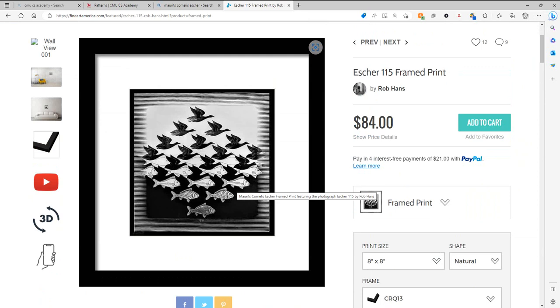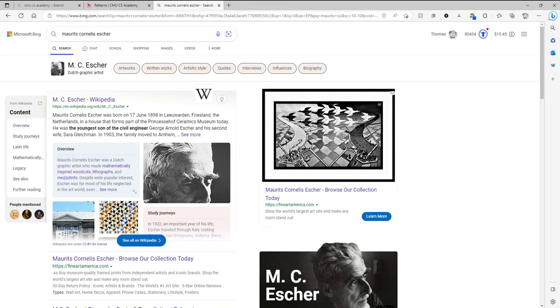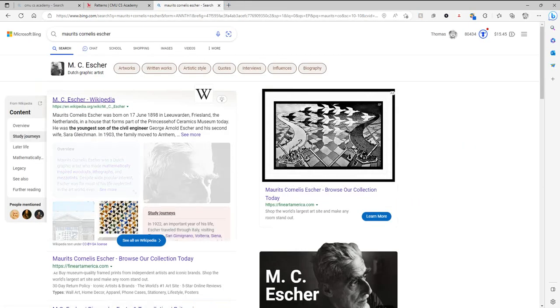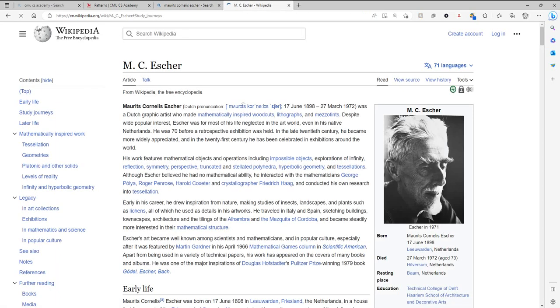This is one of his famous ones, taking cranes and fish and creating this pattern as it switches from a fish to a crane and vice versa, almost like the effects of a very intricate yin yang to a certain degree. He's done tons of these tessellations and made them very famous.